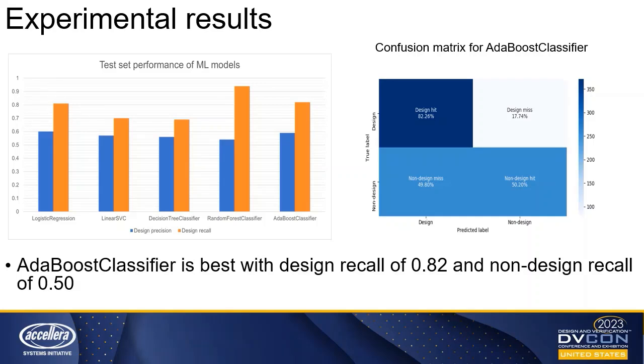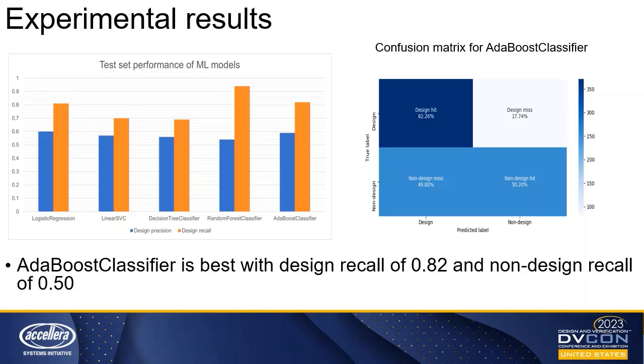From this graph, we can see that the random forest classifier achieves the highest design recall of 0.94. However, it has an extremely low non-design recall of 0.28. In comparison, the AdaBoost classifier achieves a design recall of 0.82 and a non-design recall of 0.5.